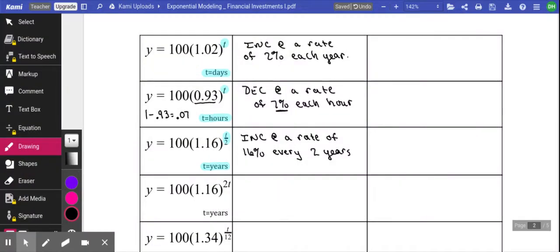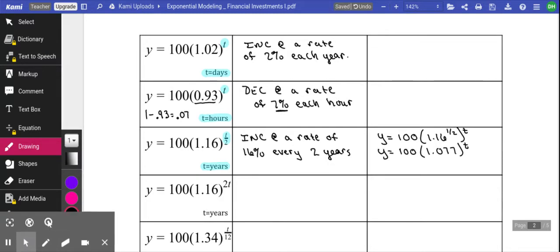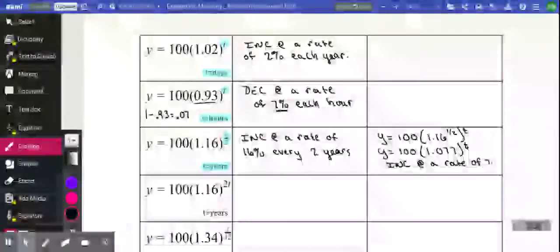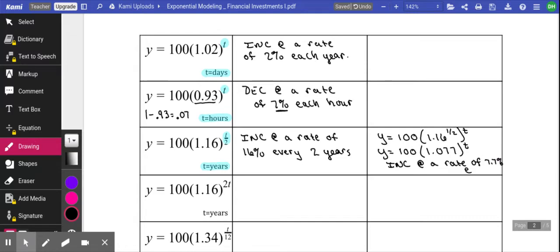Now what I want to do is convert that to an annual rate. So we'll manipulate this: 1.16 raised to the 1/2. We'll pump that into our calculator. And now I could say we're increasing at a rate of 7.7% each year. So that part's nothing terribly new.